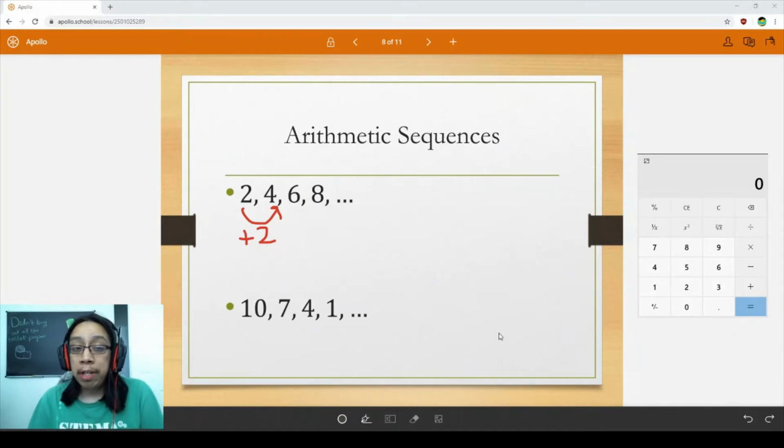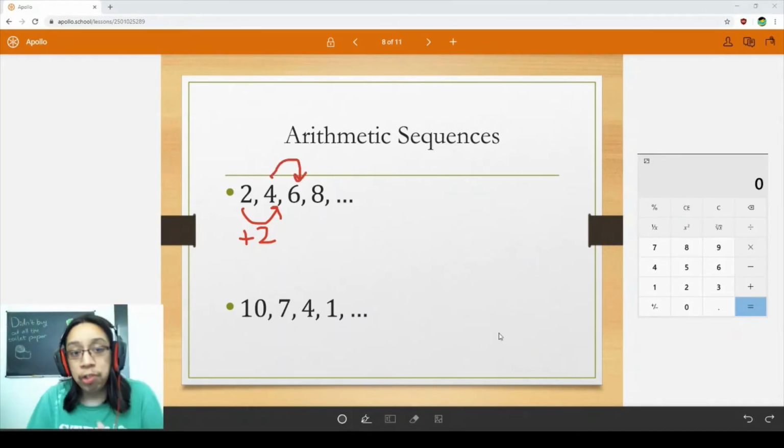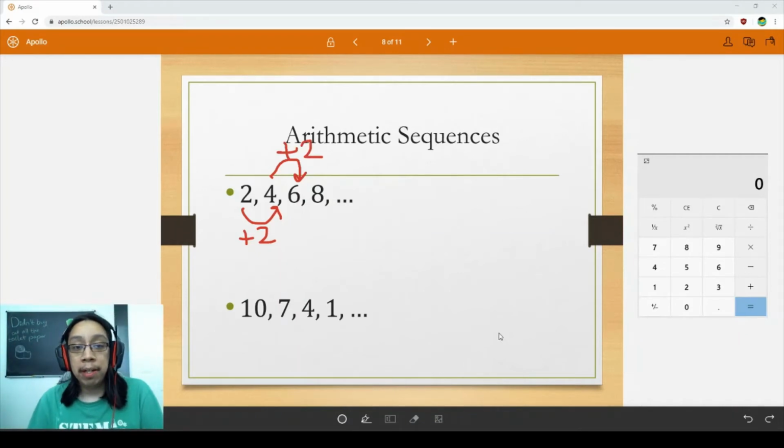The only way to make sure if it is to check, am I jumping by the same amount to the next number? So what I mean by that is, is it true that there is also a jump of 2 from 4 to 6? And that's true, isn't it? I have to add 2 to 4 to actually get 6. So notice what's happening. I'm adding by 2 every time I want to get to another number in my list.